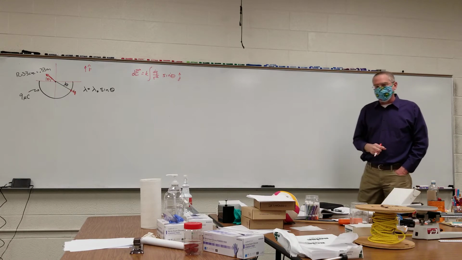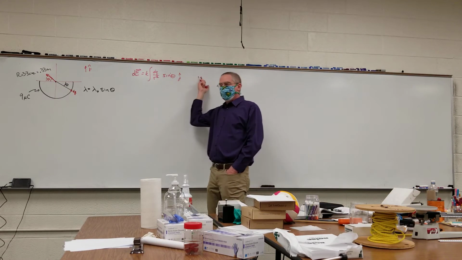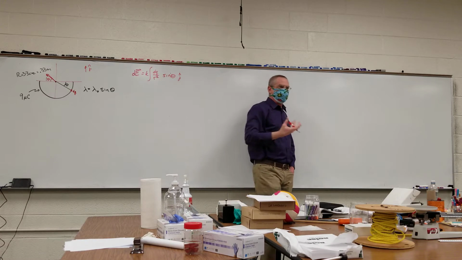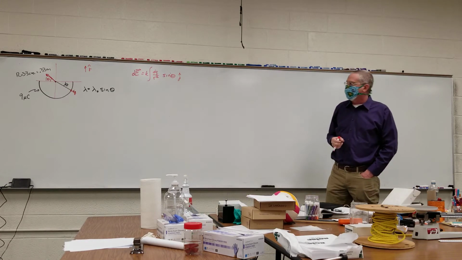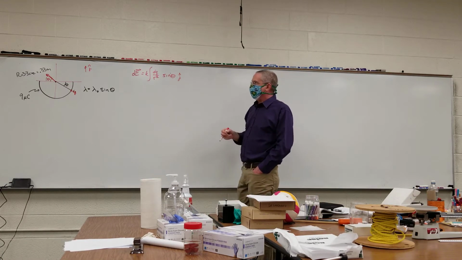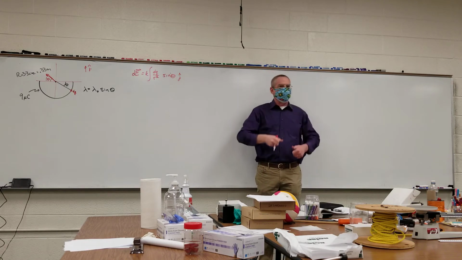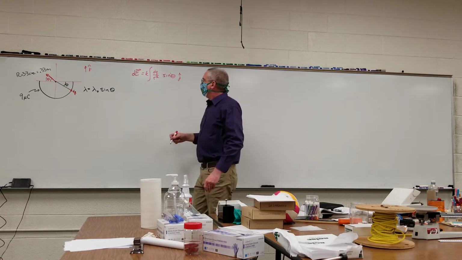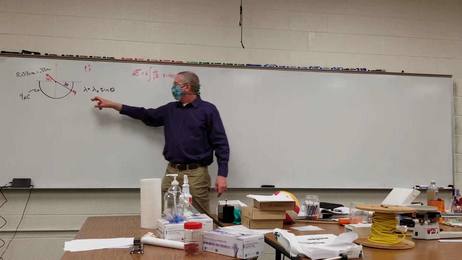Now we can check to see if we're doing it the right way by bringing in the i hat component also, and if it doesn't end up being 0, we've done something wrong. Again, we only care about the component that ultimately is going to be vertical. dq.